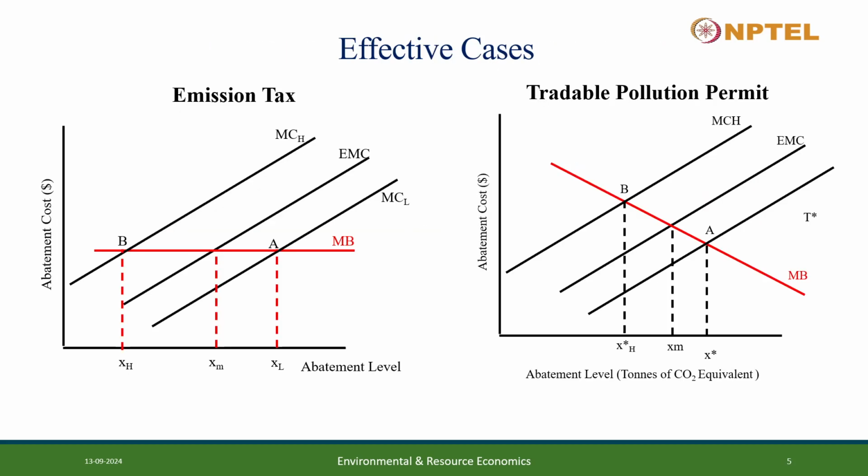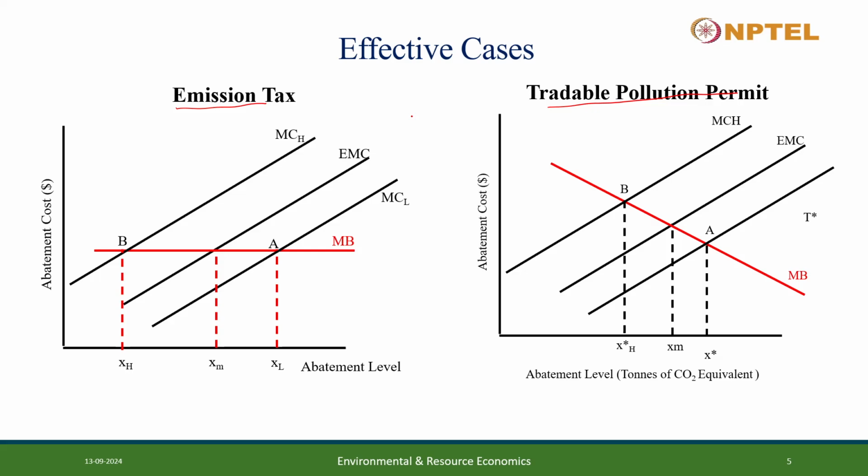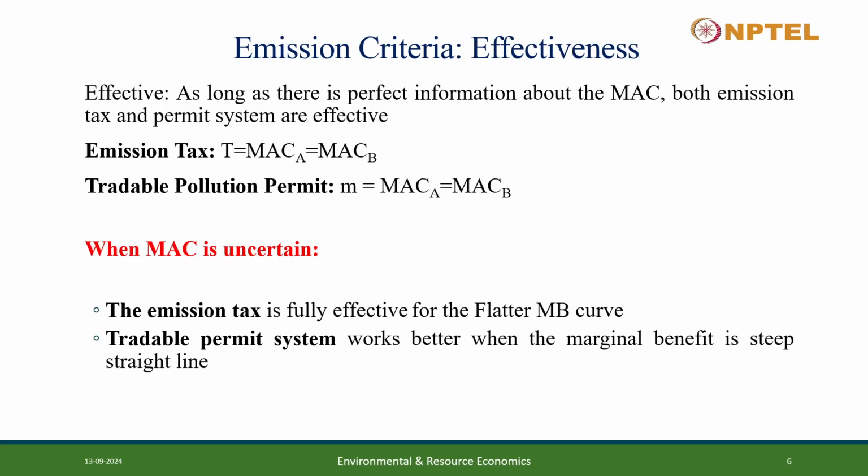Now we will see again the two cases, that is emission tax case and tradable pollution permit case, right? So effective is defined as the characteristic of achieving its objective. As long as there is perfect information about the marginal abatement cost, both the emission tax and permit system are effective.